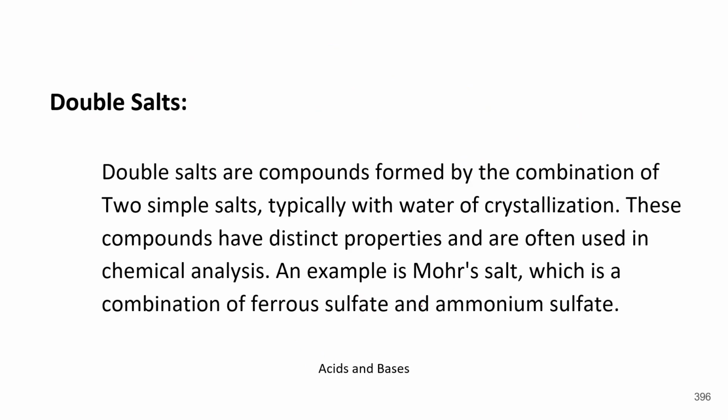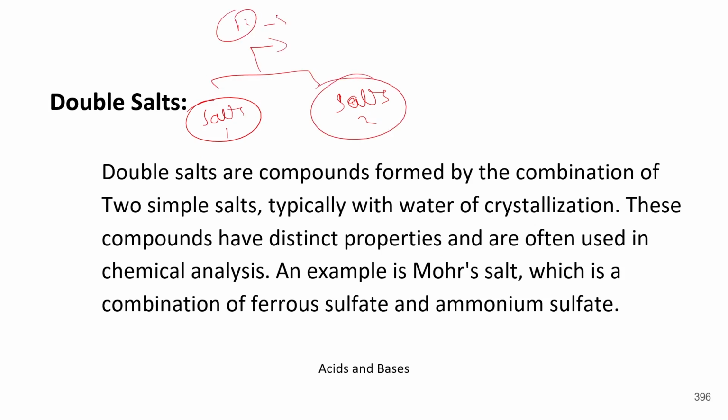Got it? Now, double salt is a compound formed by a combination of two simple salts, typically with water of crystallization. Okay? Whenever there are two salts like salt 1 and salt 2, they both combine together to form salt 1,2.